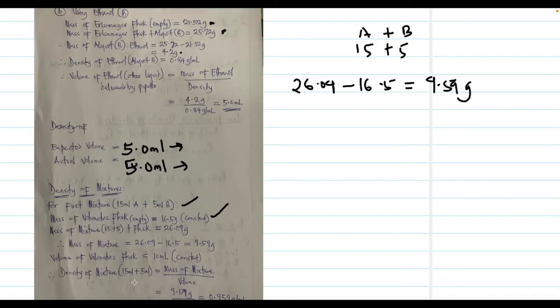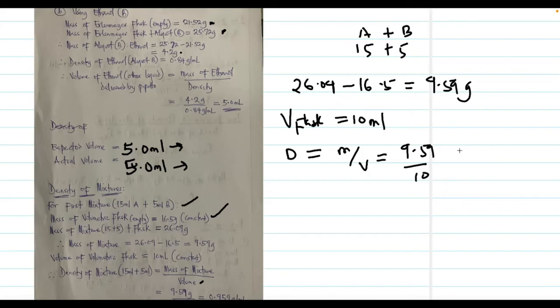Now remember that the density of the mixture is what we want to solve. We had earlier transferred the mixture from a conical flask to a volumetric flask, so the volume we're going to use here is the volume of the flask, which is equal to 10 mil. Density equals mass over volume, so our mass 9.59 divided by 10. So the density for the first mixture is 0.959 gram per mil.